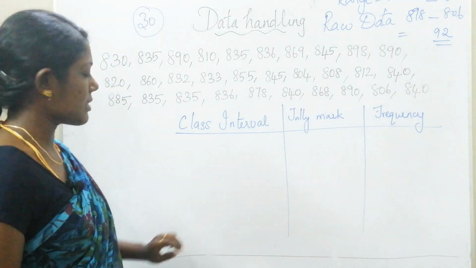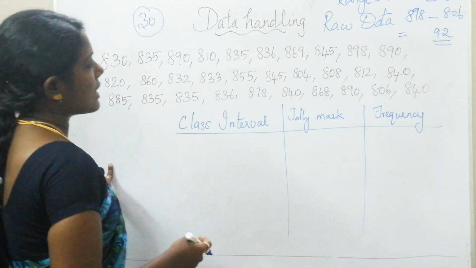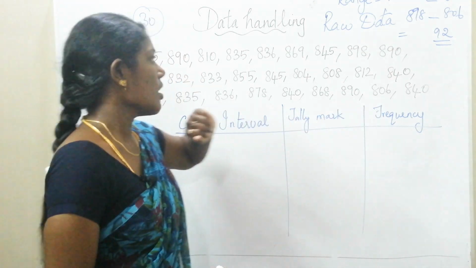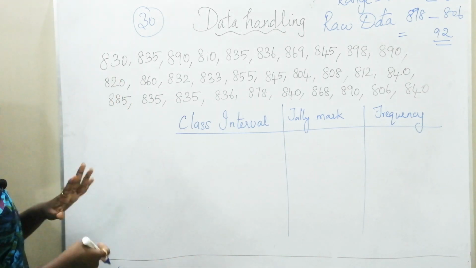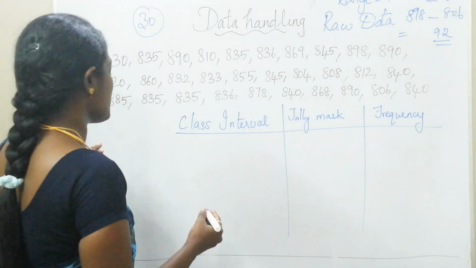Now moving on to the class interval, I am going to check which is the least one. It is 806 and the highest one is 898. So I am going to divide my class intervals accordingly.